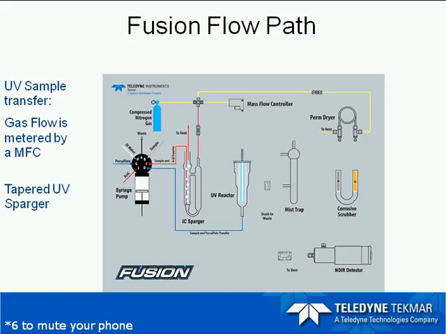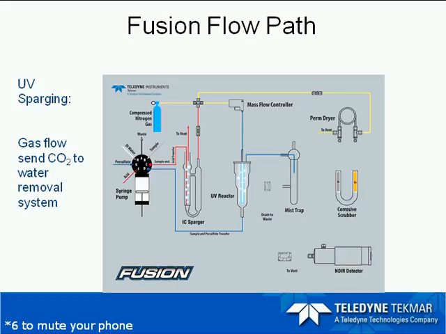This allows you, say if you have some particulates or some kind of hard to digest compound, to get a little extra oxidation efficiency before you begin sparging and send that oxidized carbon over to your detector for analysis.